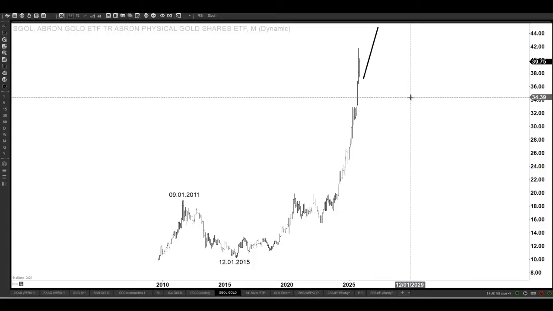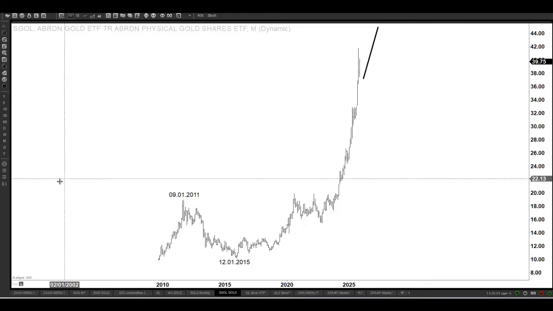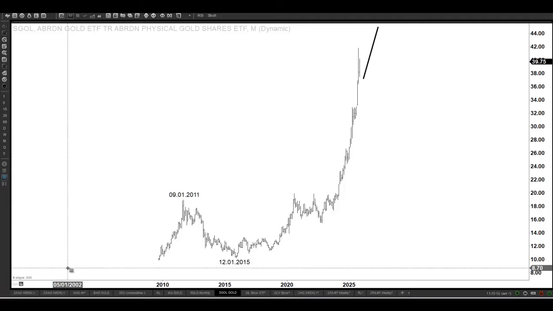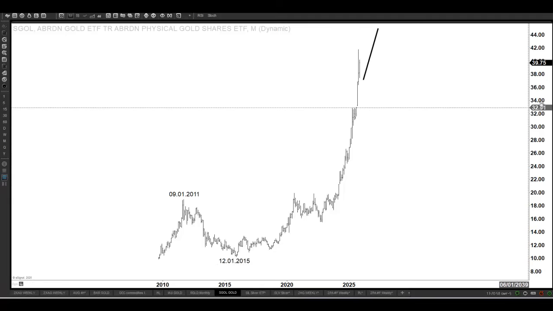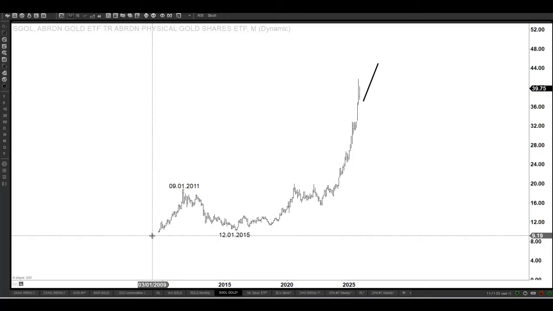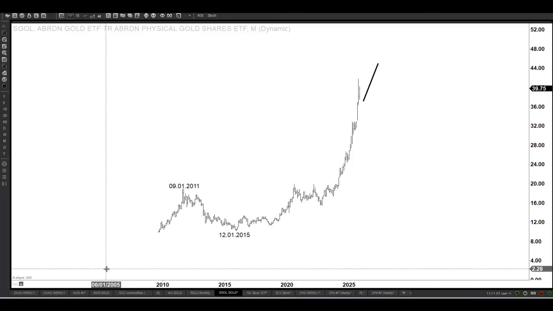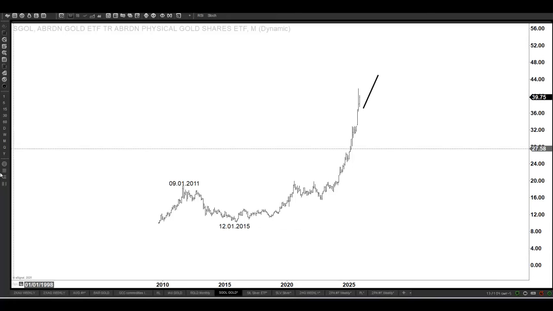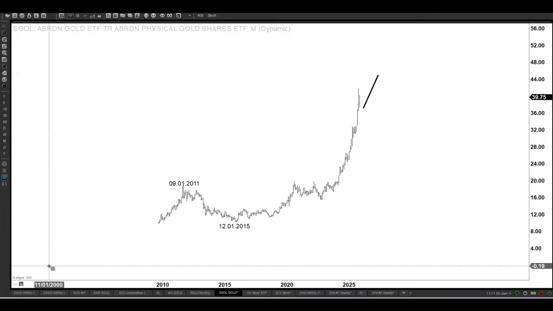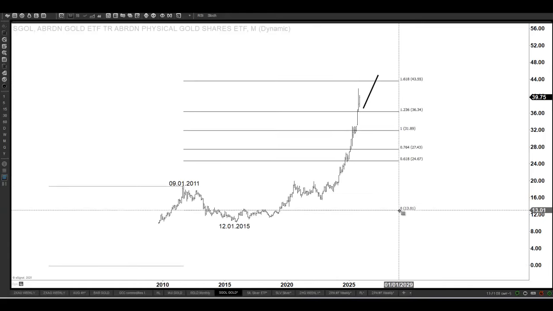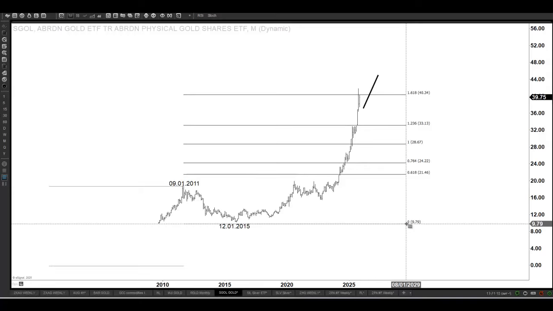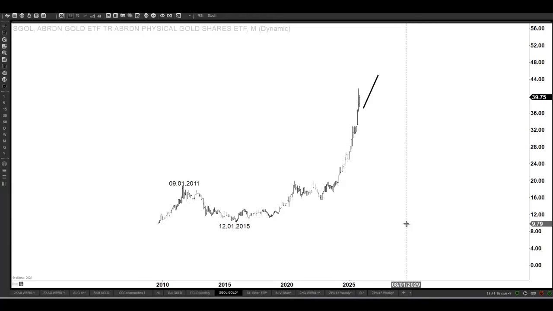Right? So the gold ETF here. Of course, it has an extended wave 1 from 0, an extended wave 3 from 0 that already reached the minimum target at 1.618 within the grand super cycle.